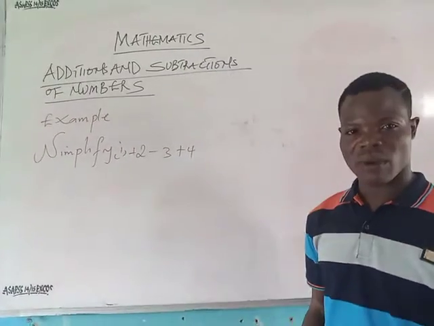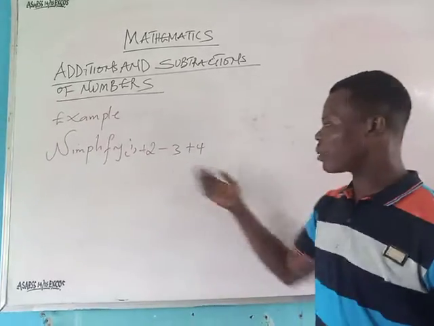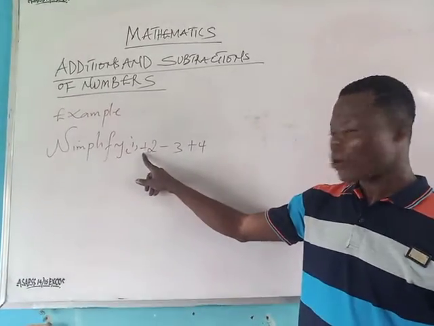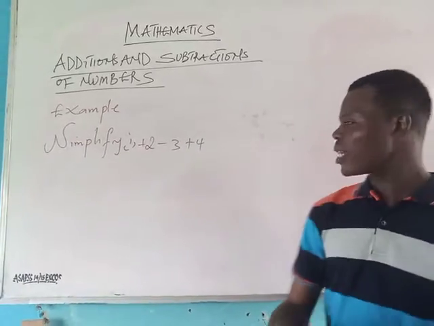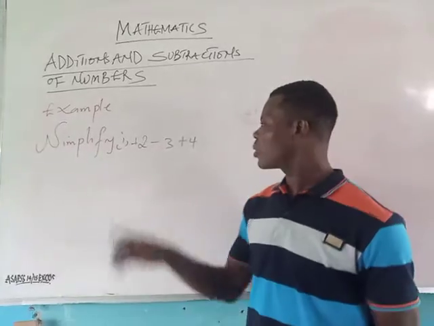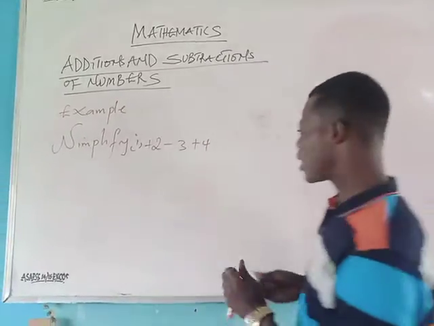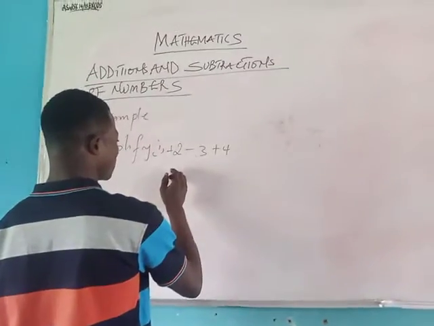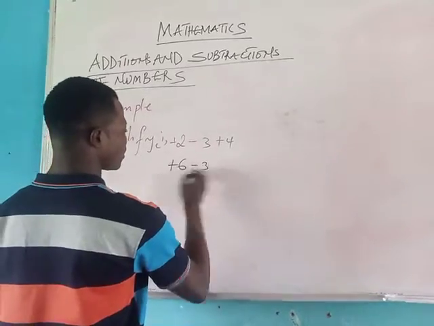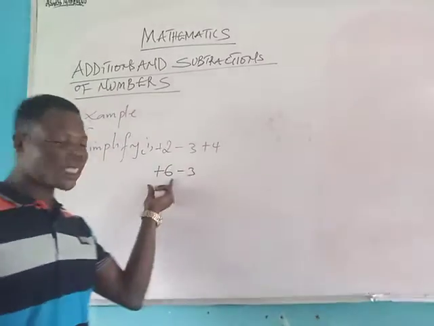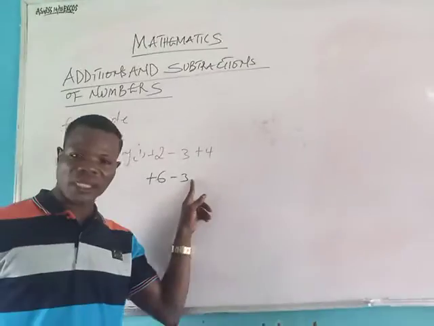Now ask yourself, how much money do you have in this expression? Plus 2 is your money, plus 4 is your money. You add your money together. So 2 naira plus 4 naira will give you 6 naira. Then minus 3. You have 6 naira in your pocket and you are owing someone 3 naira.